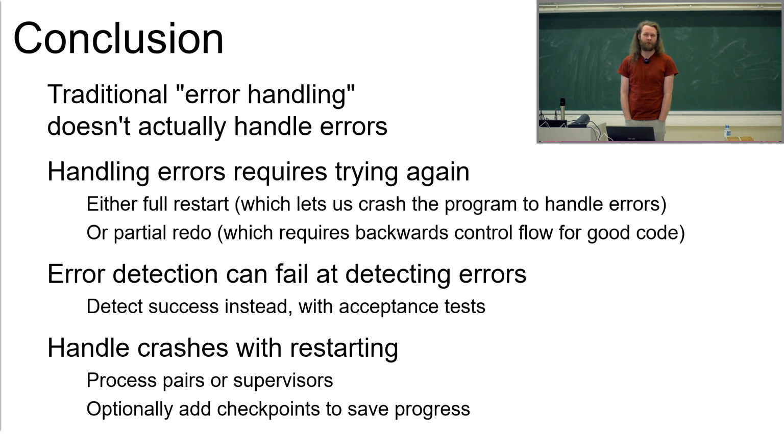But that is, of course, if you have opted for doing a partial undo. If you're like, screw it, I'm not doing partial undos, I'm just crashing the entire thing and restarting everything, then of course you don't need any of this control flow madness. Your control flow then becomes exit. And that's not very much control flow, is it?